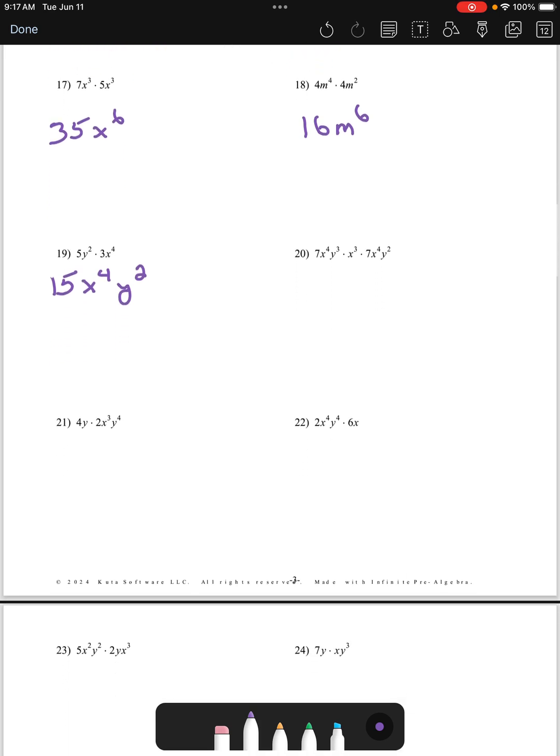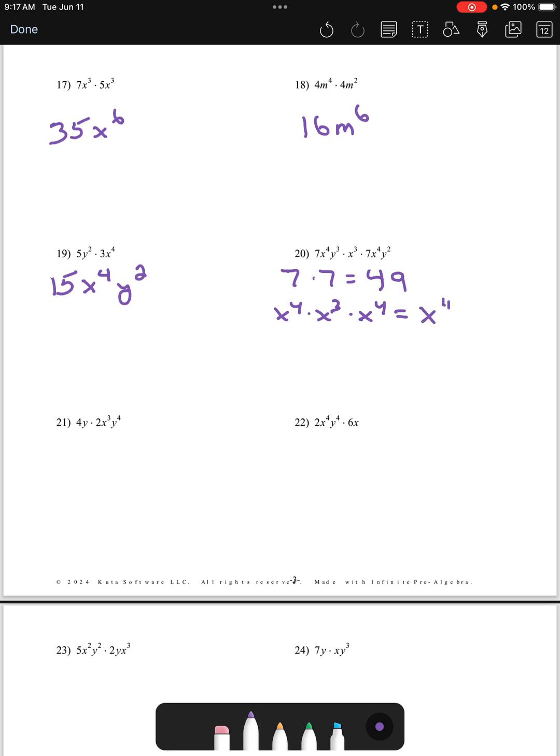All right, number 20. Now this one, I'm not going to write out like I did the very first problem, but I am going to do like I did on 14 and 15, just for a couple of problems here. In number 20, numerically, coefficients, there's a 7 and another 7. So that gives me 49. There's an x to the fourth, and an x to the third, and an x to the fourth.